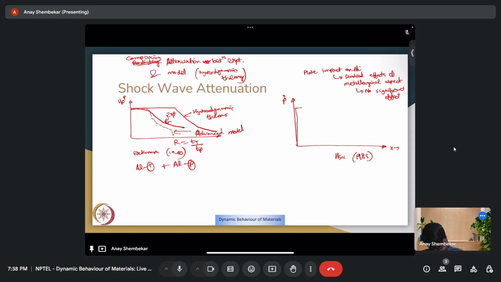Suppose the initial pulse looks like this. After a while, the release wave will catch up. After another while, you'll have a drop in the peak pressure. So the experimental plots that they had: this is close to the impact interface. This one is about 10 centimeters from the impact interface.